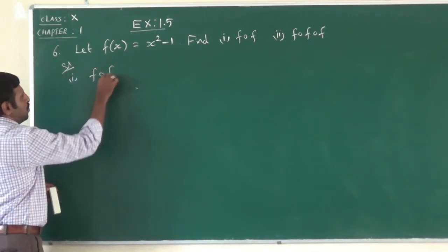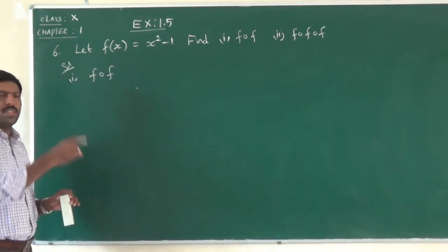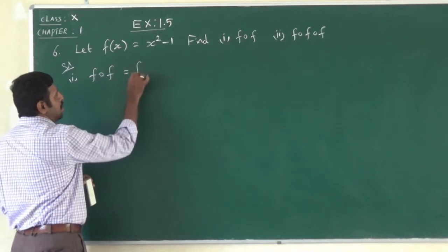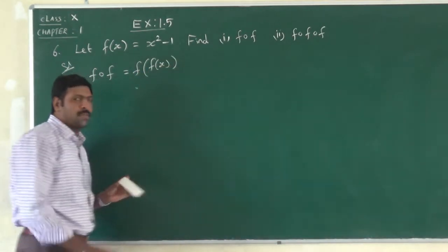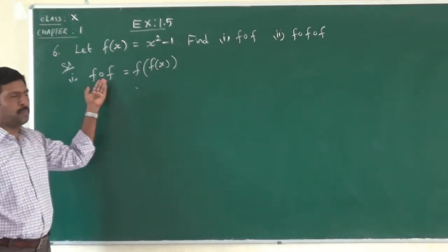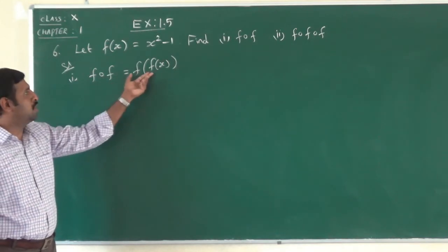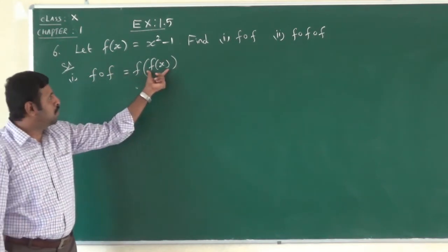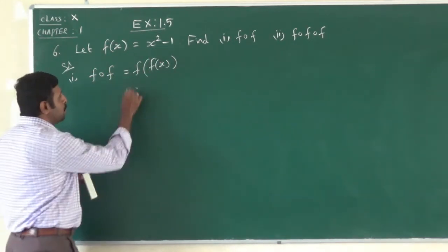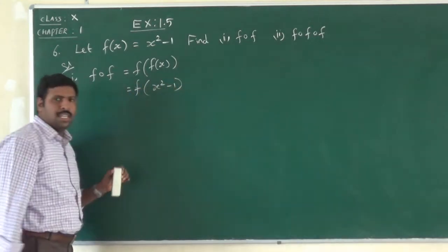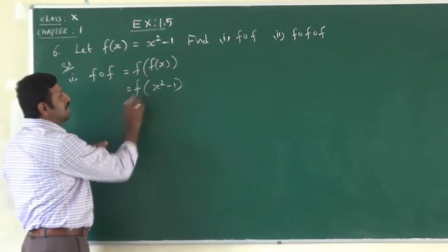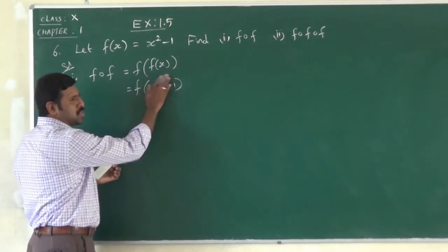f composition of f means the function is f of f of x. That is the form. Here f of x value is x square minus 1. Now compare this again. It is in the form of f of x format.